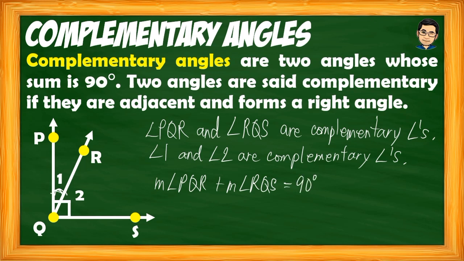And then, using the numbers, the measure of angle 1 plus the measure of angle 2 is equal to 90 degrees. Kapag pinag-add po natin yung sum ng dalawang angles na yon, kailangan po 90 degrees para maging complementary sila.